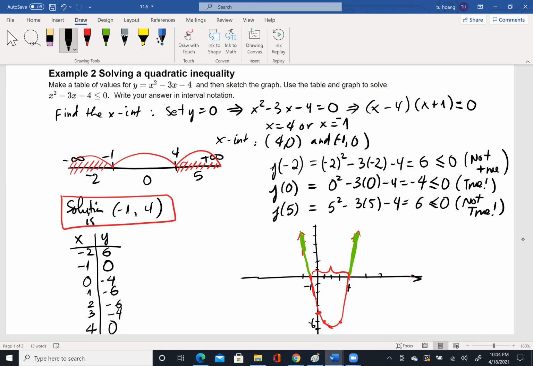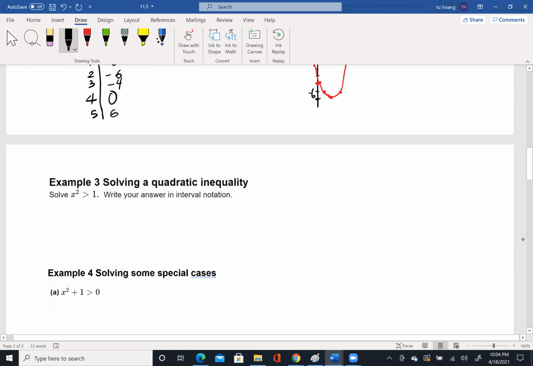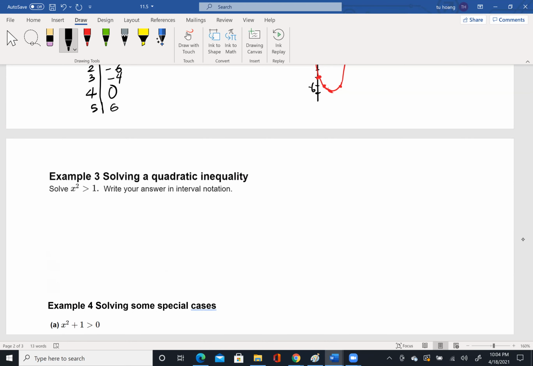All right. So let's move down to number 3, solving a quadratic inequality. They want to solve x squared greater than 1, and then write the answer in interval notation. So here, we can write x squared greater than 1 as x squared minus 1 greater than 0, right?